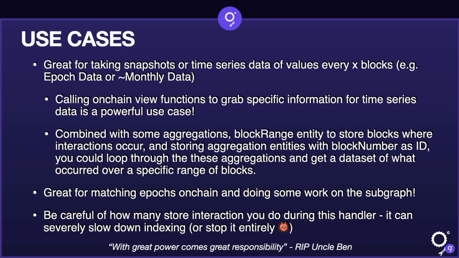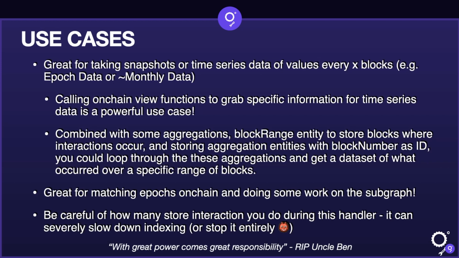So if you want to get the TVL after every 100 blocks, or the TVL after every 1,000 blocks, you can then just hit that view function, or get the liquidity after each one of those. You can hit that view function, grab it, and store it, which is quite nice. And you can do this with an array of other view functions. Obviously, view functions do have a detriment to indexing time, but using them with responsibility, it's good.